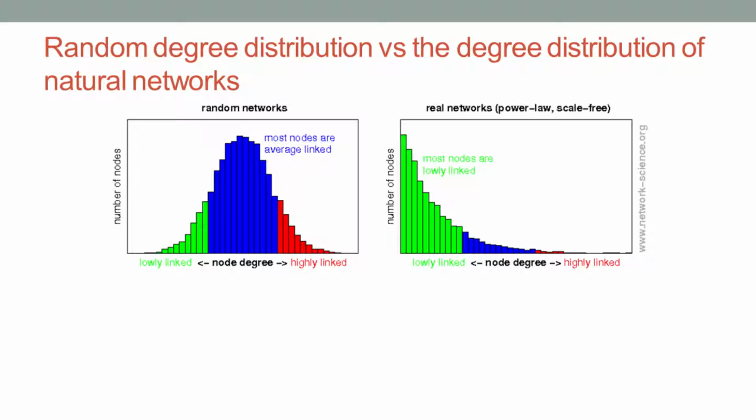And then you have few nodes that are average and even fewer that are high. So it's a very different distribution. What this says, and it's really very interesting if you think about it, is that the networks that emerge, that model real-world situations, are not random.